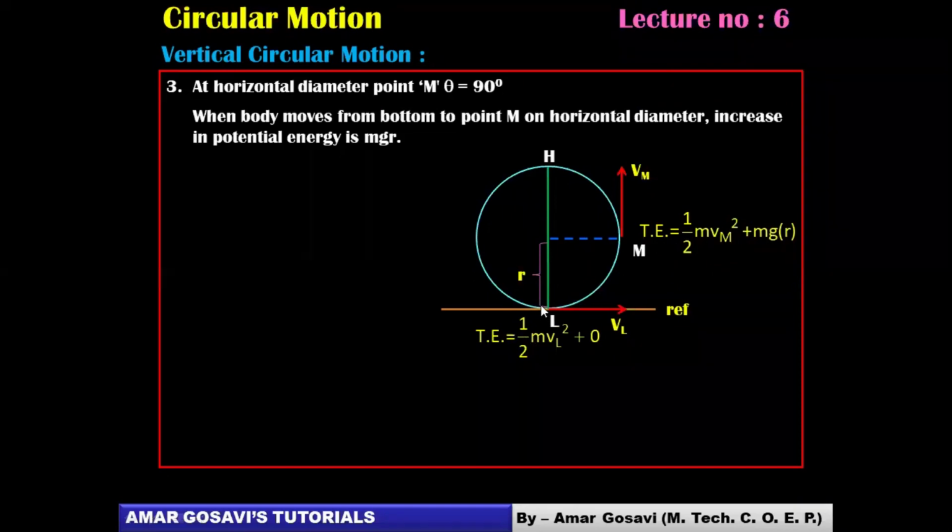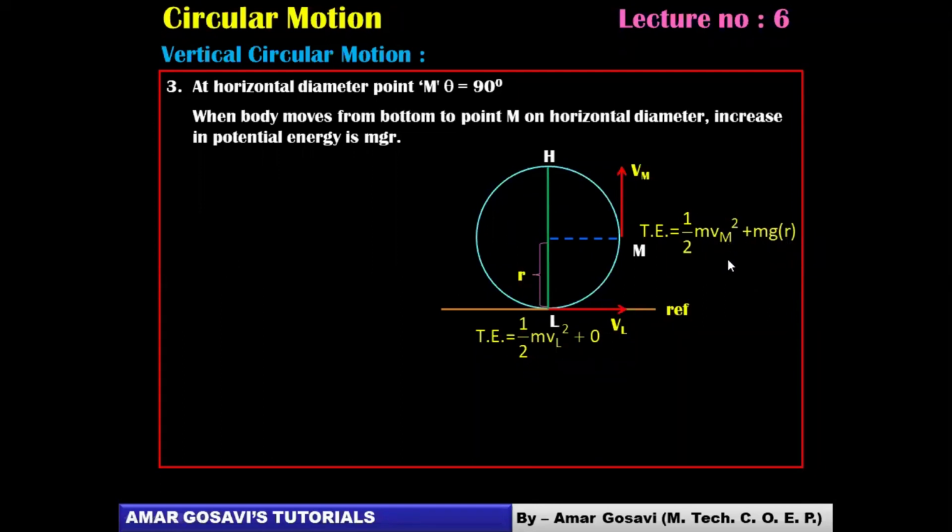Because the object is moving up by height r, you can see, and therefore potential energy will exist. So let's put total energy as half mvM square, which we don't know, plus the potential energy we can estimate as mg into height. What is the height by which the object has been raised? R. So this R comes into the picture over here.